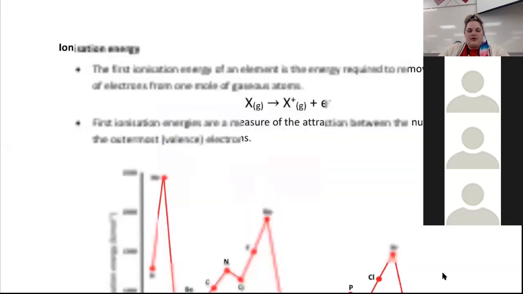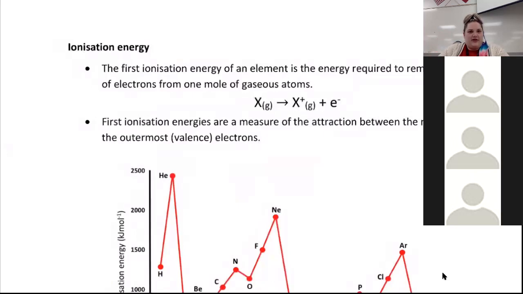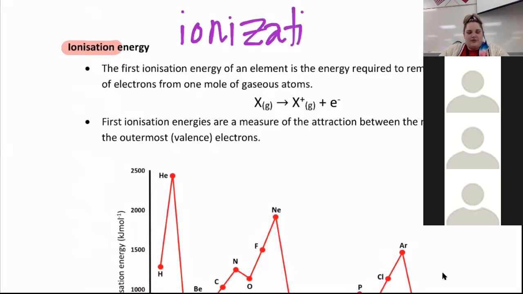All right, so one thing I want to point out first, IB is International Baccalaureate. So a lot of times, because it is international, you'll see weird spellings. Like here, if you notice on Canvas, I spelled it with a Z, ionization energy. That's because I'm from the United States and we usually use Z's. In Britain or in Europe, a lot of times they'll use S's in words.